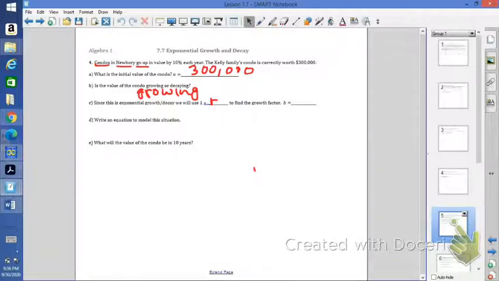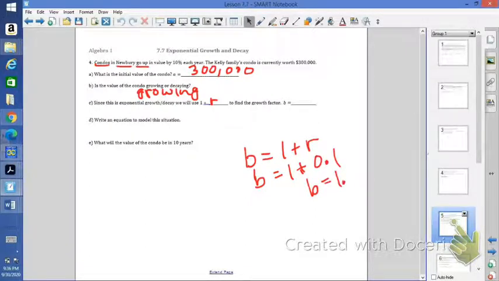Now we have to write our r as a decimal. So our b is going to equal 1 plus r. Our b is going to equal 1 plus our growth rate is 10%, so that's 0.1 as a decimal. So b equals 1.1.